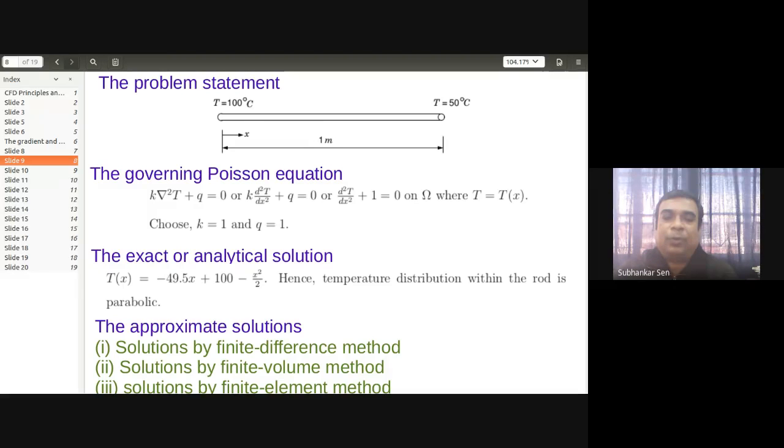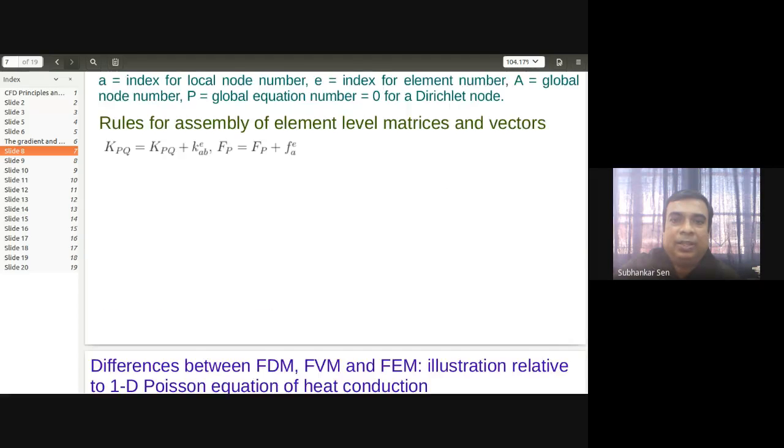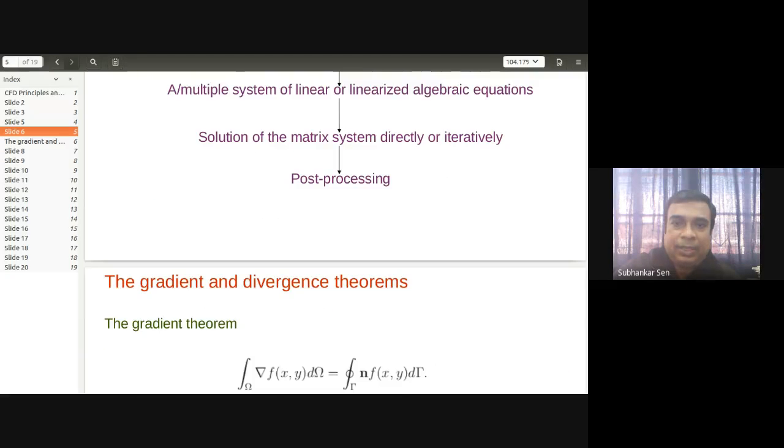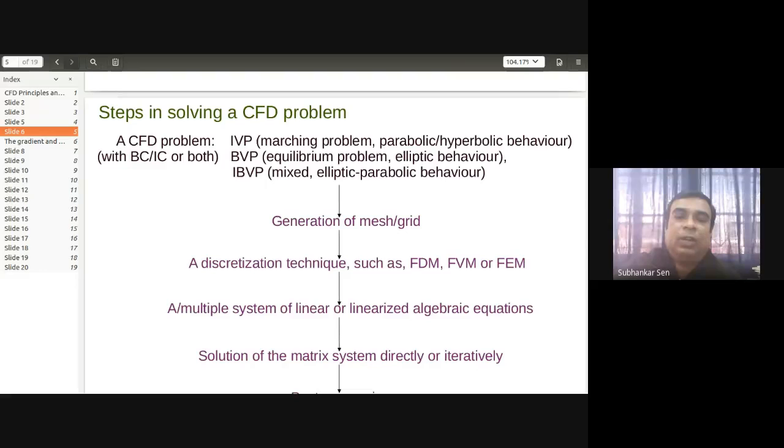This is the parabolic distribution of temperature, an ax squared plus bx plus c kind of distribution. Okay. So here, this is an elliptic partial differential equation. For elliptic partial differential equations or equilibrium problems, this is the boundary value problem. I was just classifying the equations into different types: initial value problem, boundary value problem, and the mixed type.